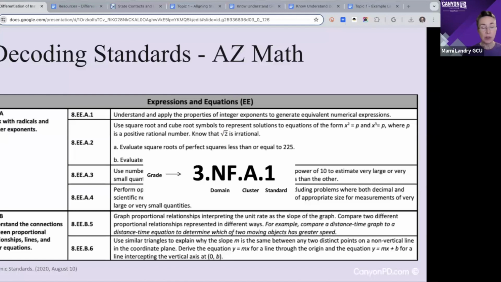A refers to the cluster, so the letter A itself doesn't have a meaning. It just means that all of the ones that start with A are under the same cluster. And then the 1 just is the numbering of the standards. It does not indicate specifically order or anything else, or when or where they have to be taught. It's just a way to keep track of them.